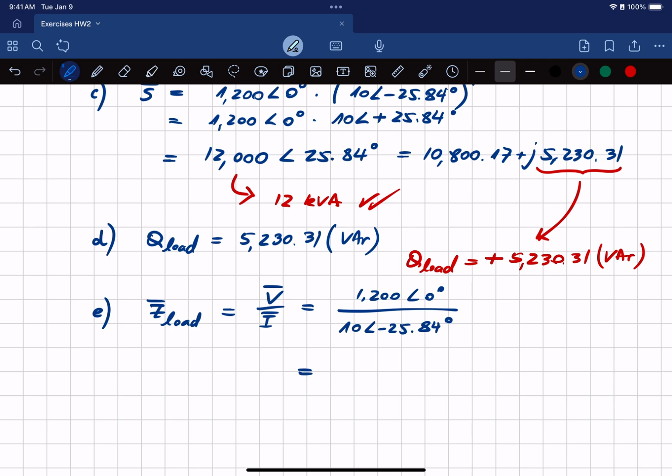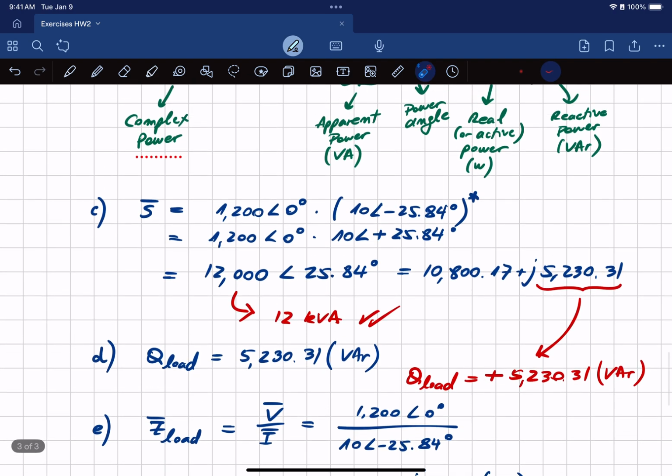We do this calculation and we should get a complex number, of course. That complex number is going to be 108.00 plus J 52.30 ohms. And I'm going to reiterate this. Whenever we talk about voltage and currents, I'm always referring to them in polar form. Why?